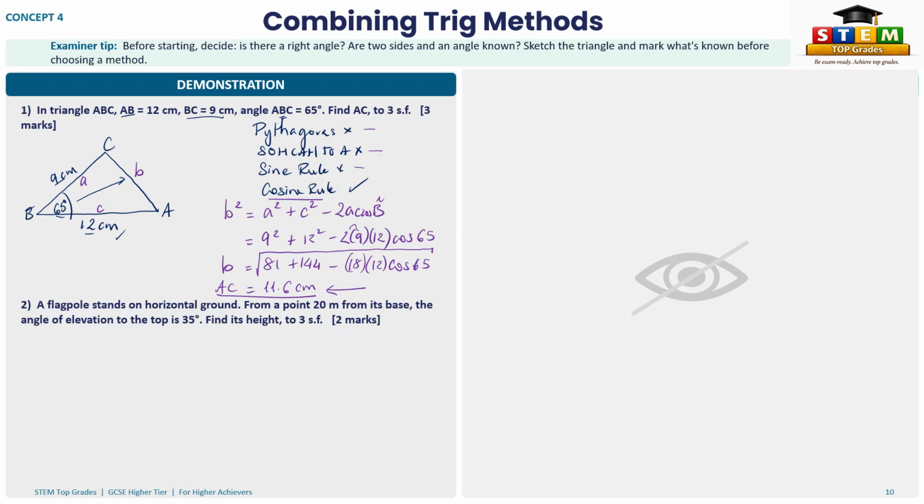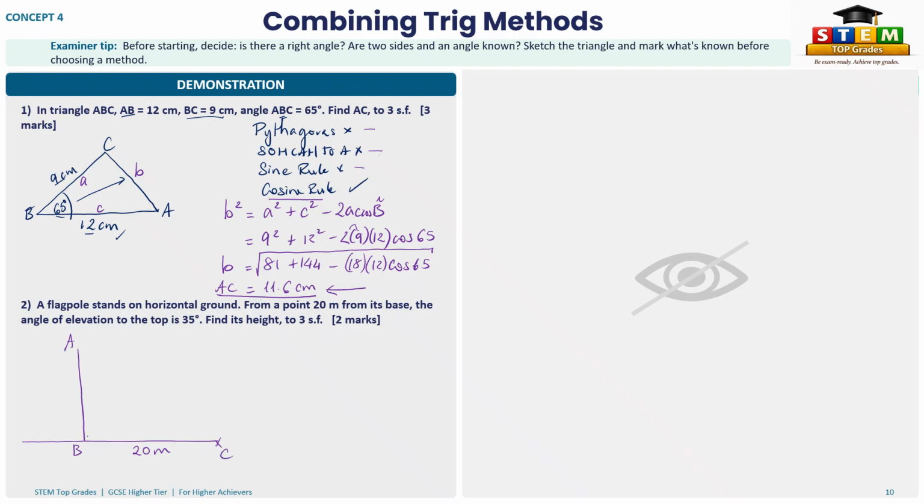Question 2. A flagpole stands on horizontal ground. So let's draw the flagpole on a horizontal ground. Now, from a point 20 meters from its base, so 20 meters from the base of the flagpole. So let's say this is point A, point B, and 20 meters.